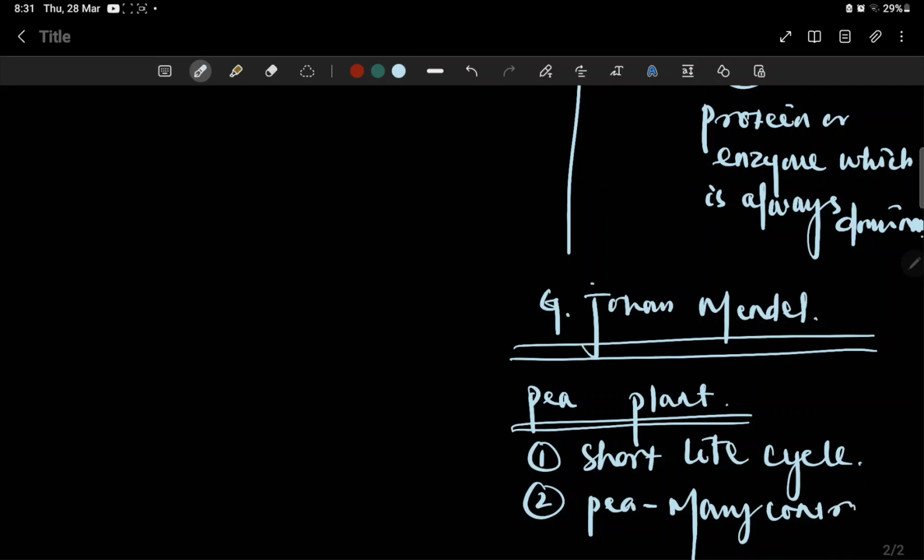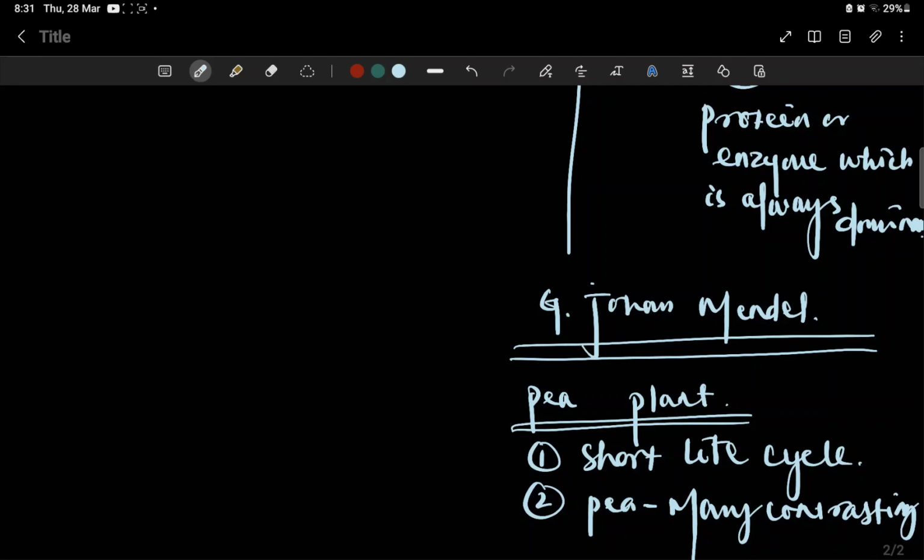Contrasting character means the characters which are opposite to each other. That means if we take the pod shape or seed shape of the plant, there are two forms. One is wrinkled, one is round.